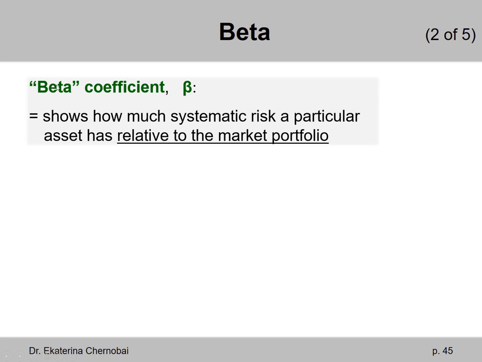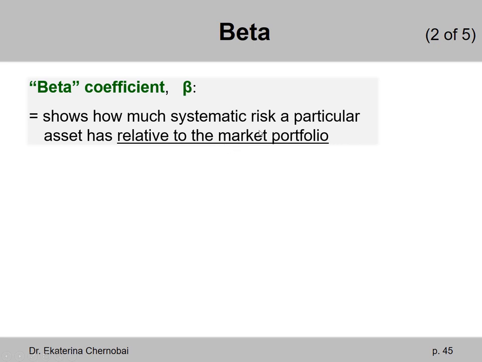So the beta coefficient shows how much systematic risk a particular company stock has. And the important part of the definition is that we are using the market portfolio as the benchmark. So beta captures this comparison of a particular company stock relative to the market portfolio. Remember what market portfolio was? That was a portfolio which is very well diversified, which has practically no diversifiable risk remaining.